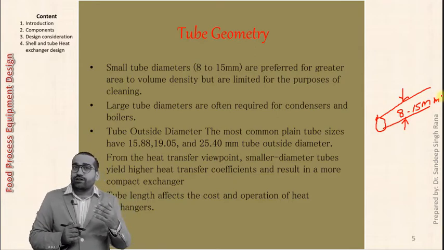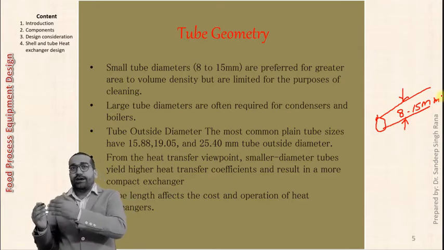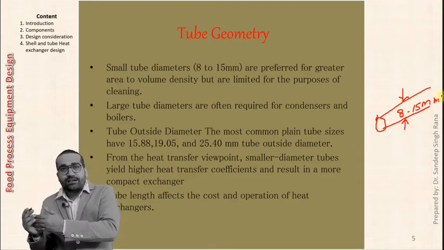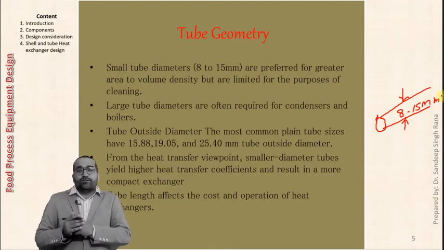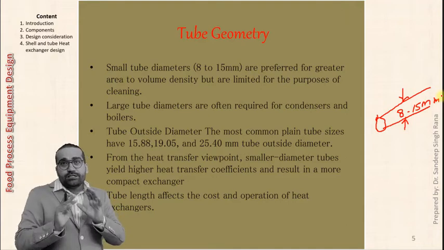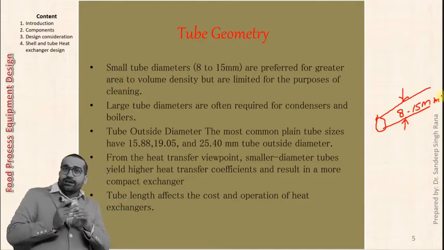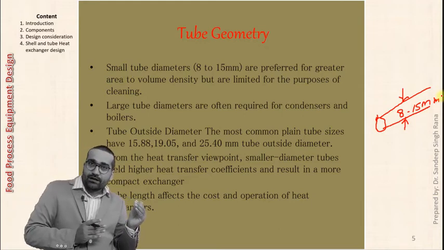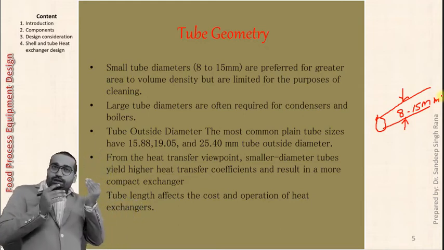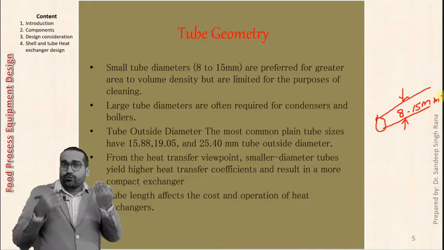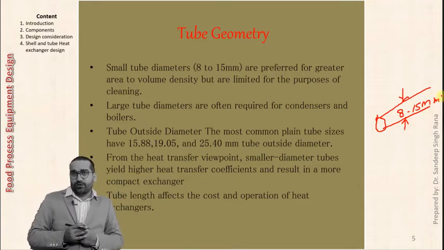the governing equation is Q is equal to U A delta T, where area is a very important factor. So if we are increasing the area, our heat transfer Q will rise.